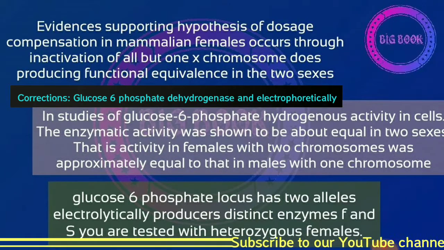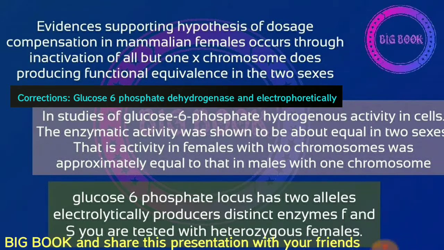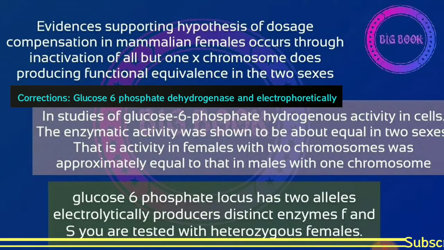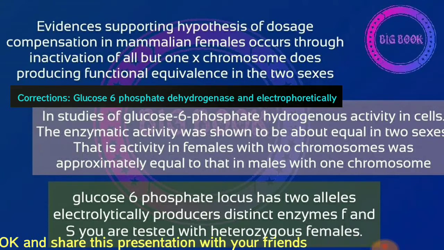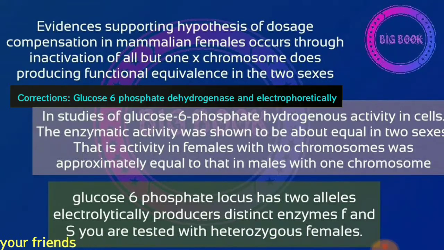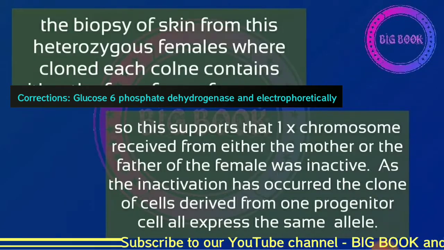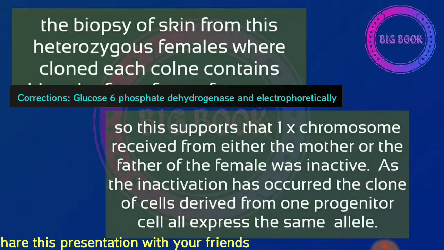So here they are studying the chromosome in a sample where both the X chromosomes are heterozygous for the glucose 6-phosphate locus, that is F and S. So they are taking the sample, studying it, and going to clone.